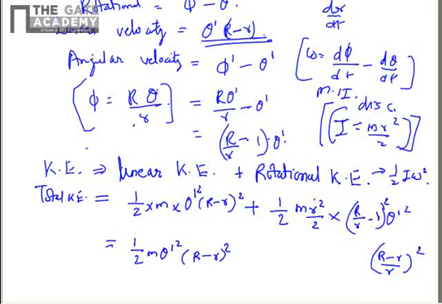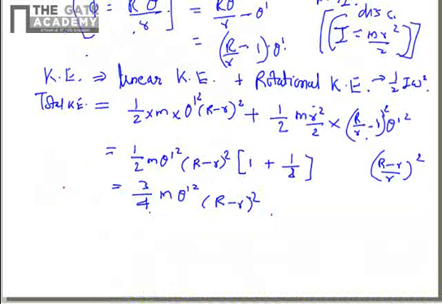So here you have an r square in the numerator, and those will cancel out, and R minus small r is taken common outside. So if you see this expression, you will get a 1 here, and you will get plus 1 by 4. Sorry, the 1 by 2 is taken out, so you get a 1 by 2 here. This will be equal to 3 by 2, and 3 by 2 plus 1 by 2 is equal to 3 by 4 m theta dash square (R minus small r) whole square. So this is the KE of the system of the rotating cylinder.